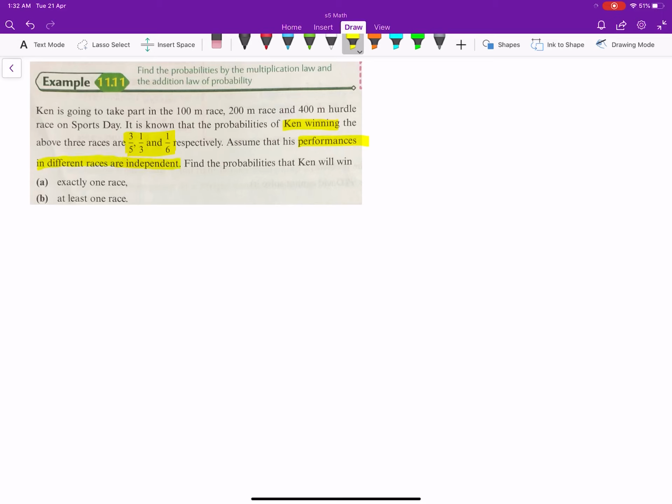So we are going to find the following probabilities. Part A, the probability that he wins exactly 1 race. Let me write it in a better way.